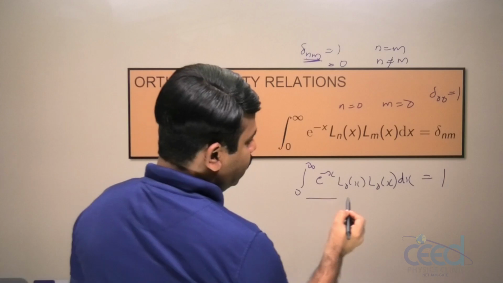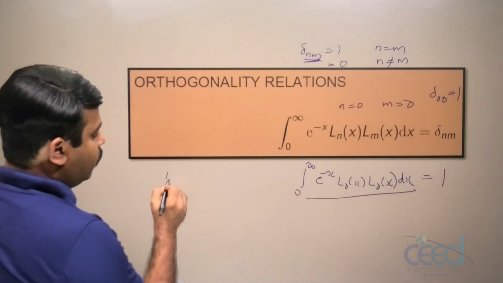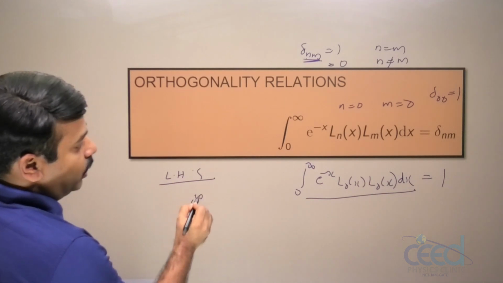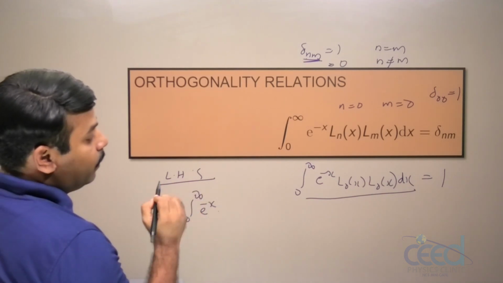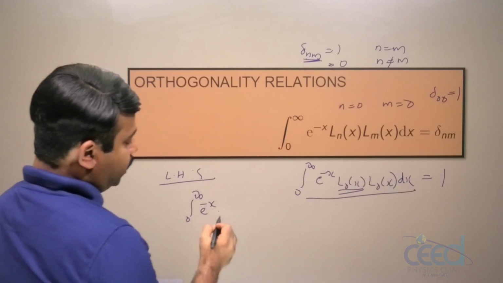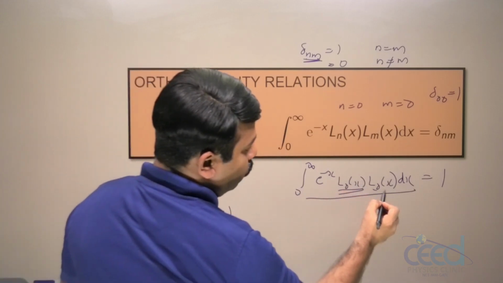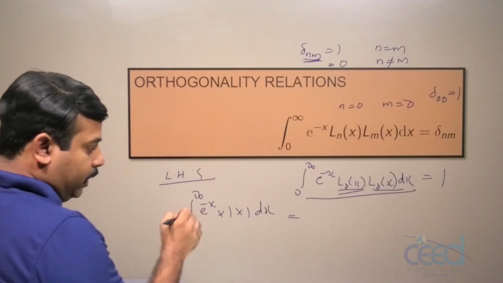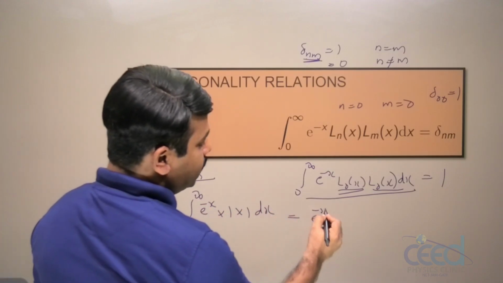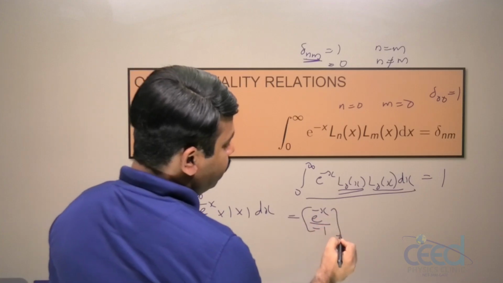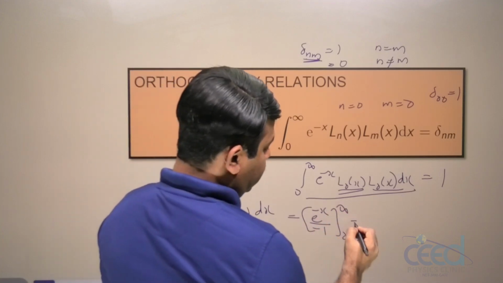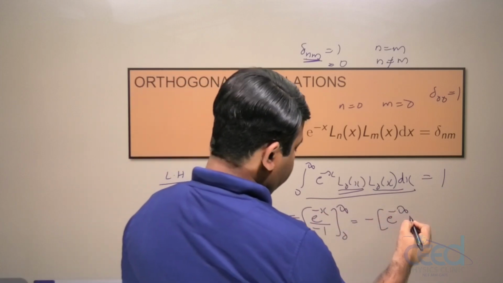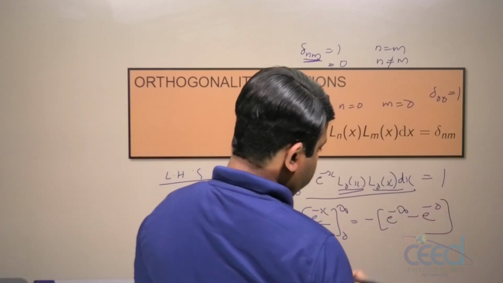We can prove this, we can verify. Take the LHS. LHS is equal to the integral from 0 to infinity of e raised to minus x. What is L0 of x? We have already seen it is 1. What is L0 of x again? Again 1, dx. Now the integral of e raised to minus x is e raised to minus x divided by minus 1, with limits 0 to infinity. That is minus of e raised to the upper limit, e raised to minus infinity, minus e raised to minus 0.